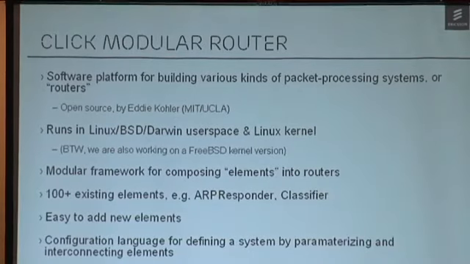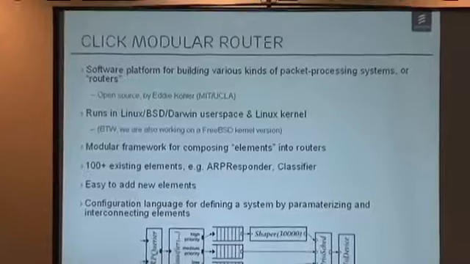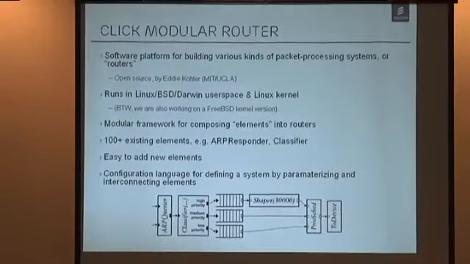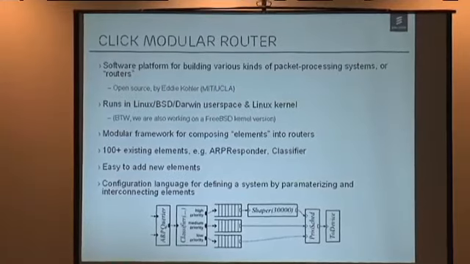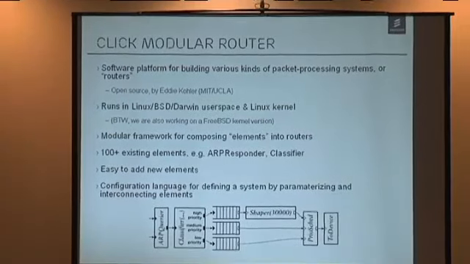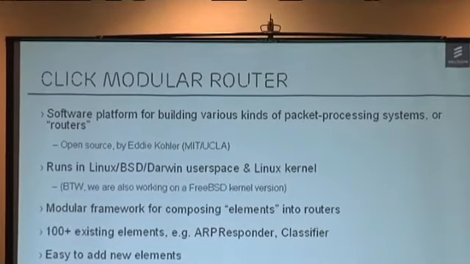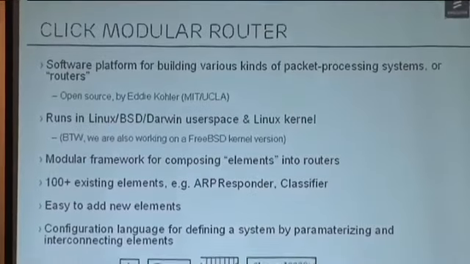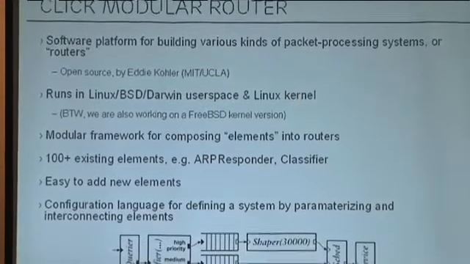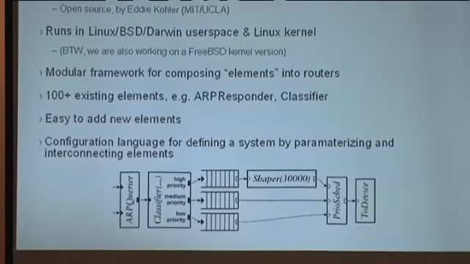So Click is a software platform for building packet processing systems by Eddie Kohler. It runs on Linux. It's a software architecture. The basic idea is that you have packet processing elements which will take in a packet, perform some kind of small operation on that packet, and pass it on to some other element.